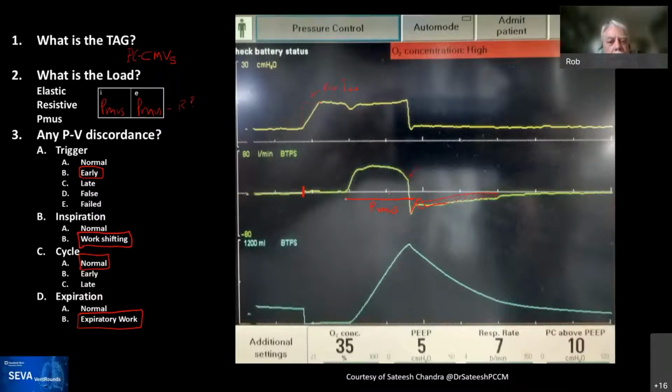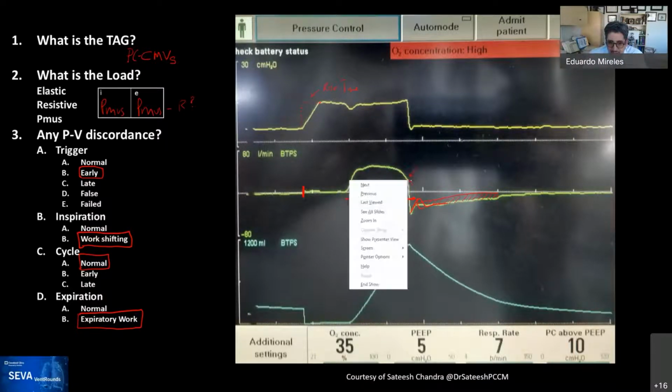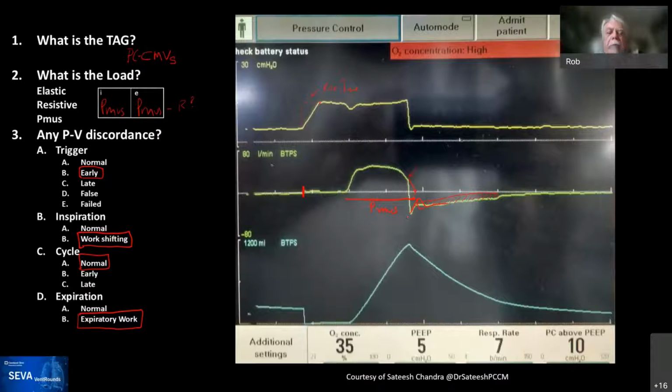Yeah, I actually pushed it. If you notice my little high quality line, I tried to push it a little bit into it because I agree with you. If the patient would not have cycled there, this would have gone like that, something like that, right? Yeah, I think so. I think that's why the peak expiratory flow is smaller than you would expect.